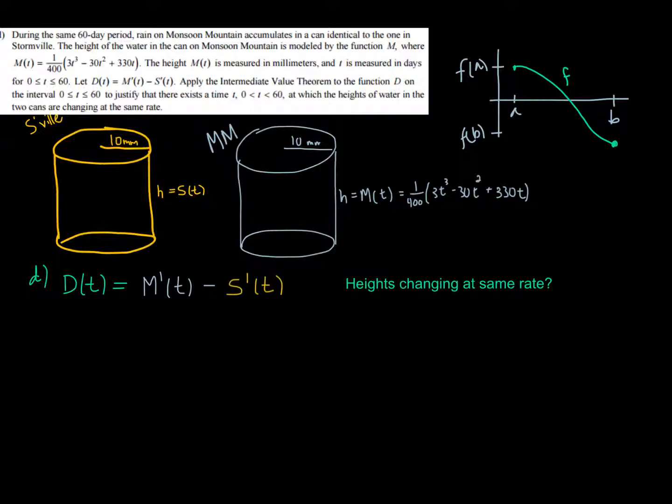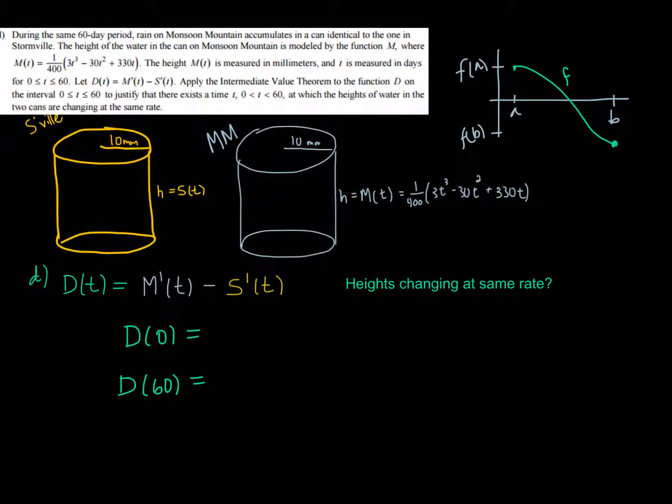So to show that d of t must at some point be 0, we can evaluate d of t at the endpoints, and if the sign changes between d of 0 and d of 60 in this case, then we're in great shape. So we need to consider d of 0 and d of 60.